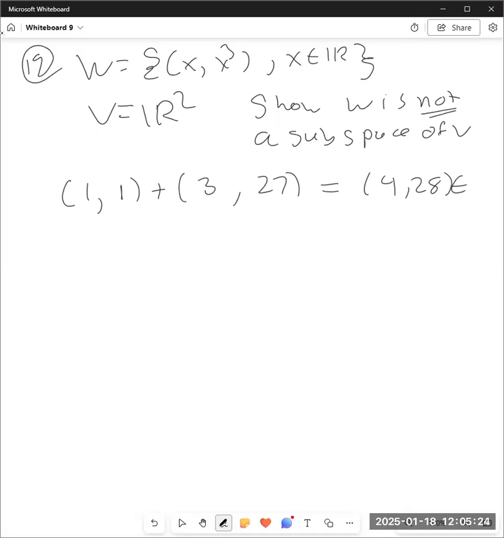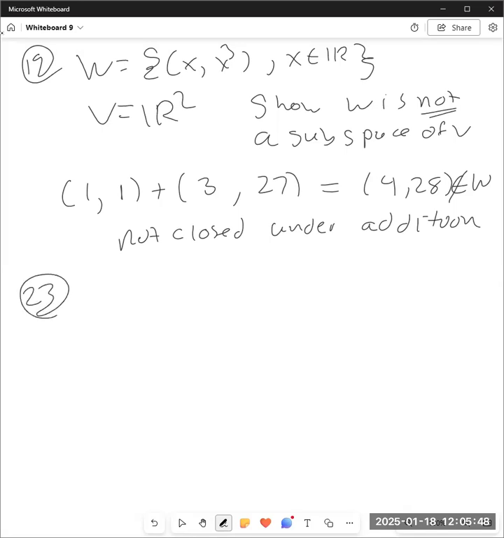So this is not in W, so it's not closed under addition. It's really all that I need to see there. So it's more than enough.